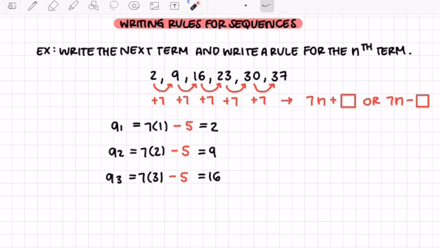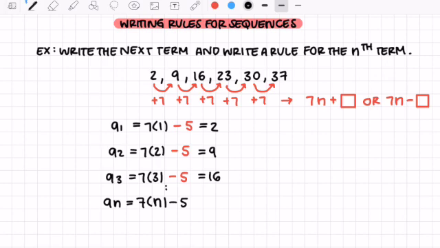They asked us to write the rule and also the next term. The rule we have is that a sub n is going to be 7 times n minus 5. That would be the rule that we would be following for this type of sequence.